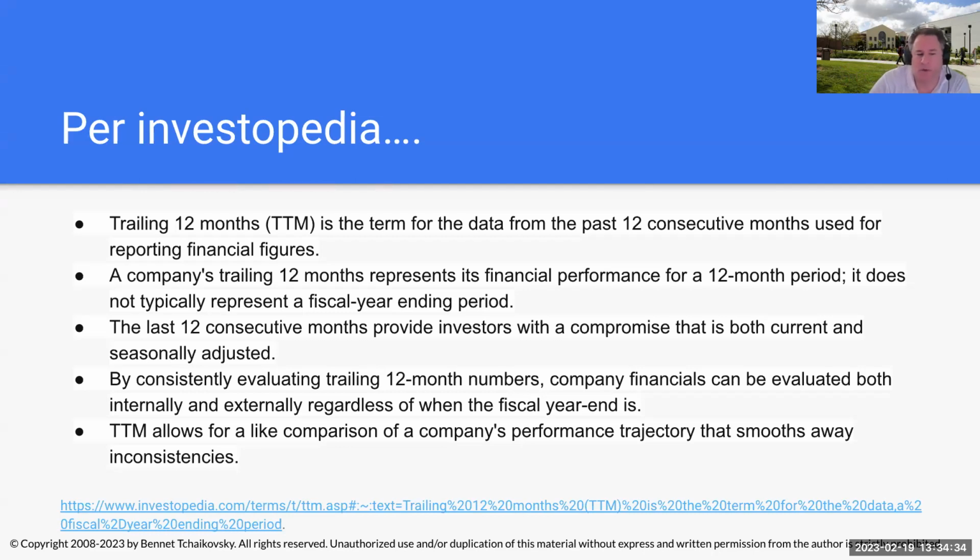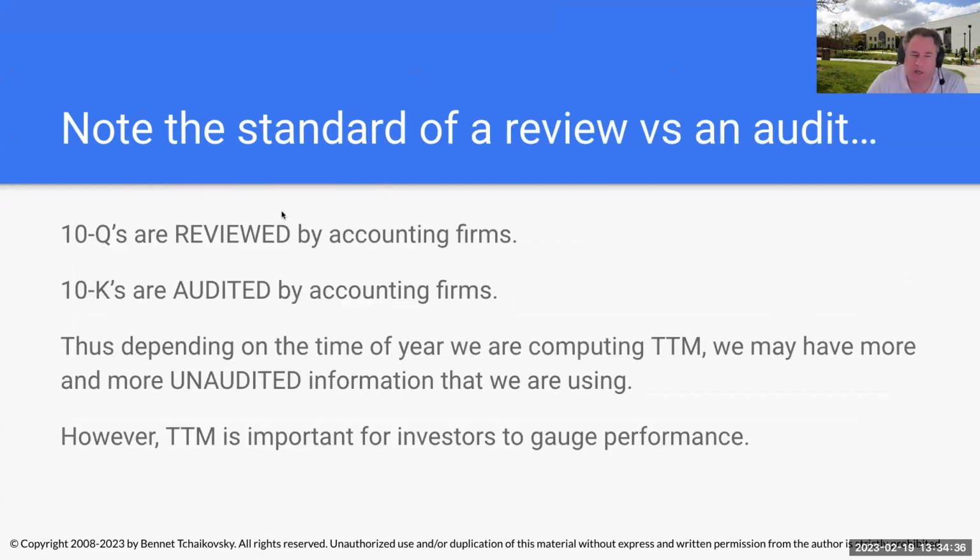I just want to talk a little bit about the difference between a Q and a K. 10Qs are quarterly reports, and these are reviewed by accounting. Very important: the standard for a review is not the same as that for an audit. An audit involves a lot more testing, and it's a very, very important difference.